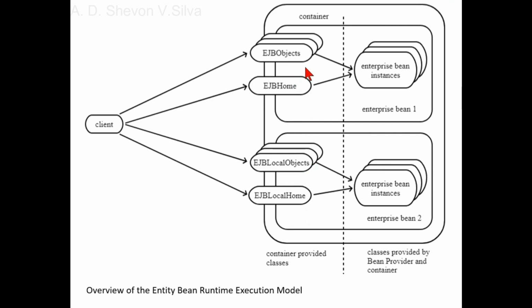Here, interface EJB object. The EJB object interface is extended by all enterprise beans' remote interfaces. An enterprise bean's remote interface provides the remote client view of an enterprise bean object. An enterprise bean's remote interface defines the business methods callable by a remote client.